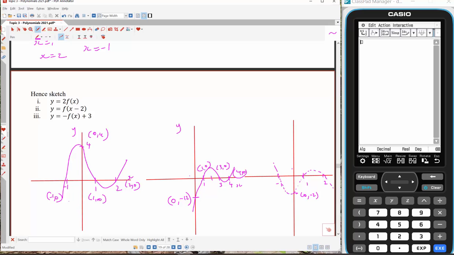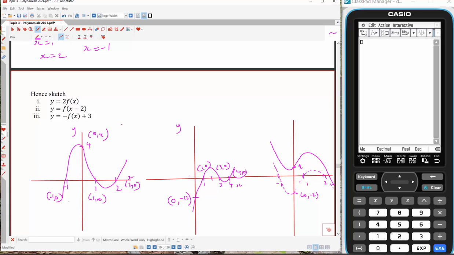And then it's going to go up 3 units. So that is going to pull everything up 3 units. So negative 1, 0, negative 1. So it'll be like there at 1. So what's going to happen is that it's going to come down like this, back through, and go somewhere like that.